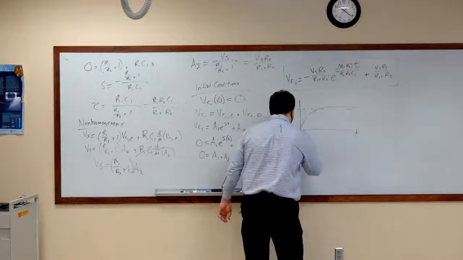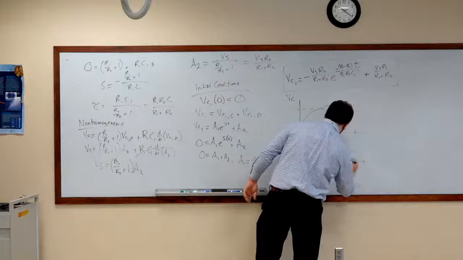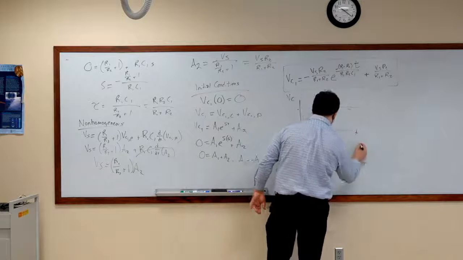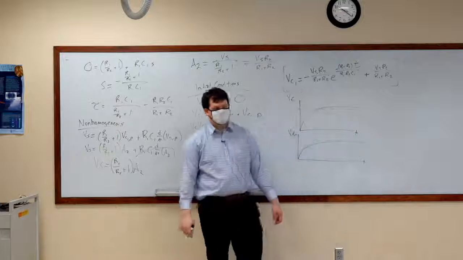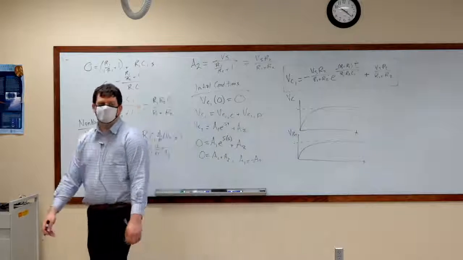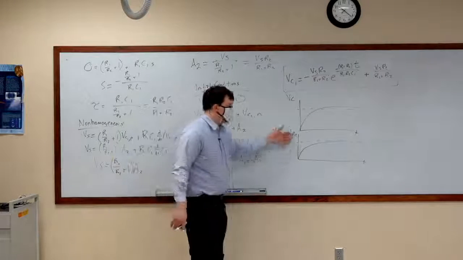Here, something that's interesting to note, VR2 with T has the exact same shape. Why? It's always got the same voltage as VC. At all times T, VR2 is equal to VC1. So these are going to be identical. You can lay these on top of each other.